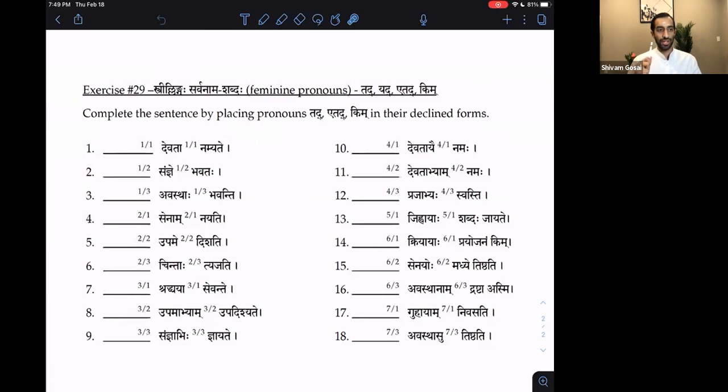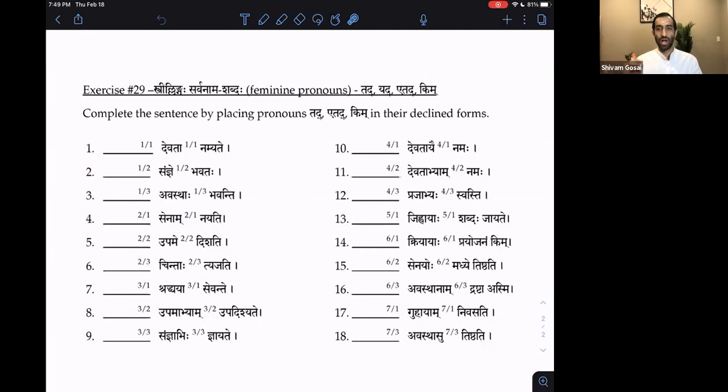So there's a question: if the fourth vibhakti is recipient, what is the difference between object, karma, which is the second case, and the fourth, sampradana, the recipient? One example I can give is, Rama gives rice to Lakshmana.